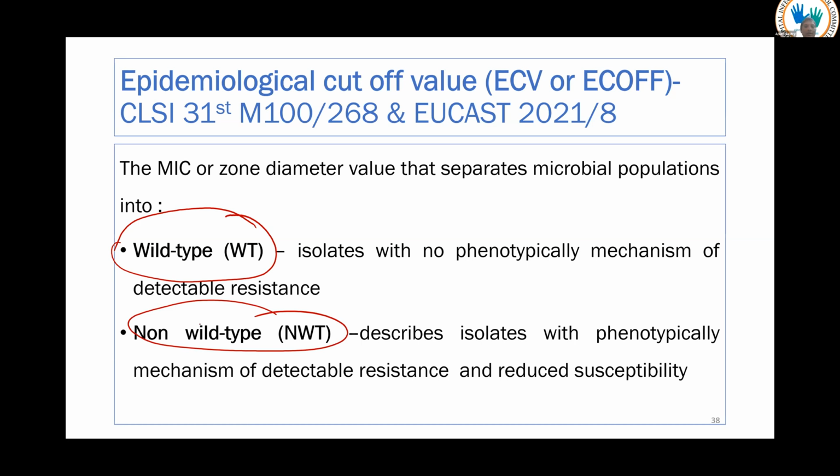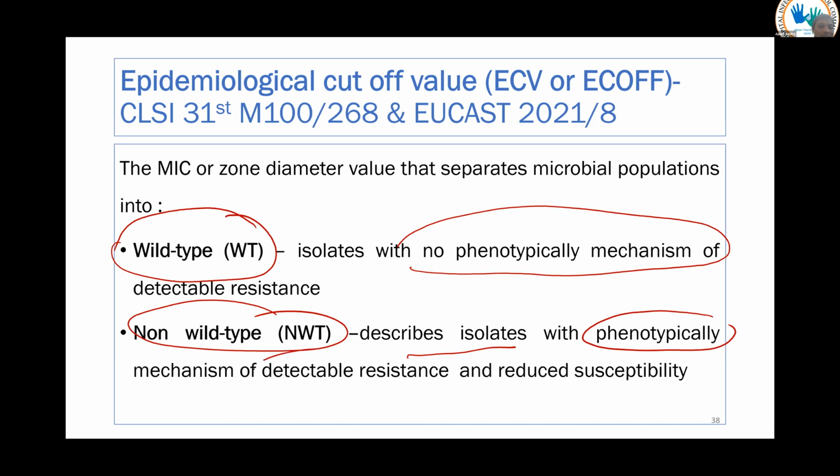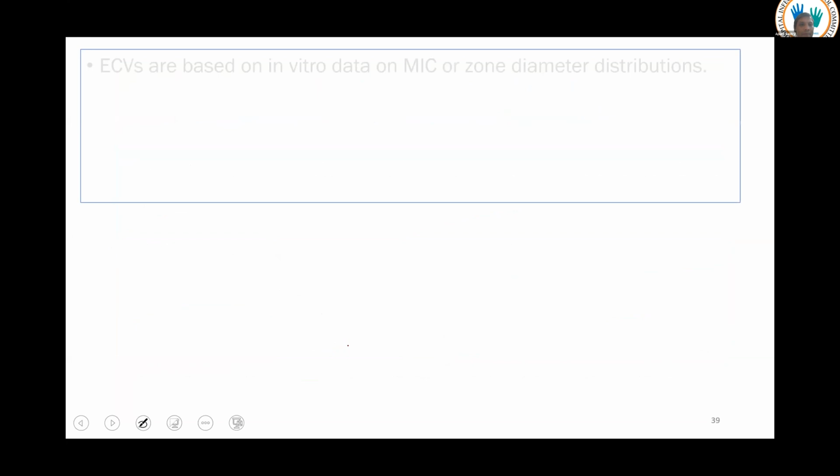Wild type strain means the strains with no phenotypic mechanism of resistance detected. Non-wild type means these are the isolates where phenotypically you are able to detect some mechanism of resistance. So this is how you can divide the microbial population into wild type and non-wild type, and ECOFF breakpoints are the breakpoints which separate the population this way.